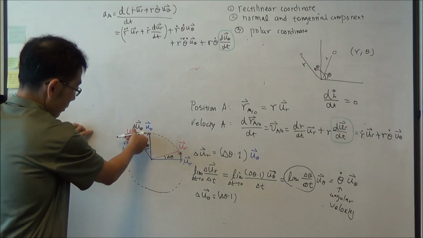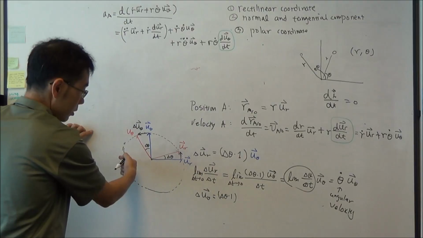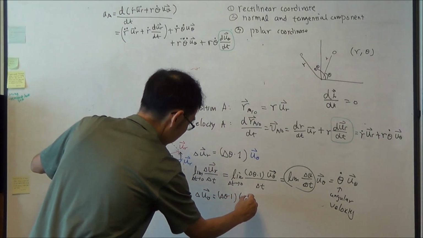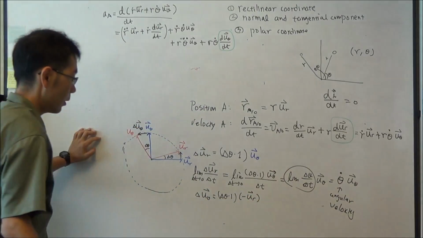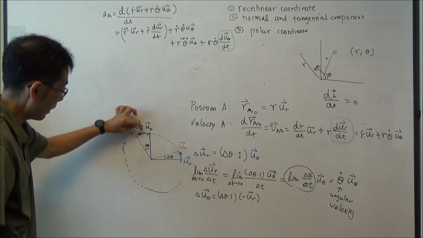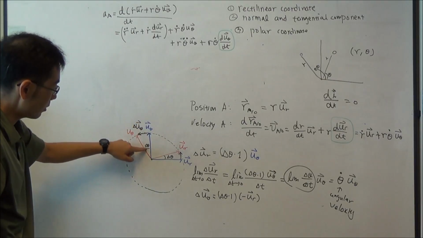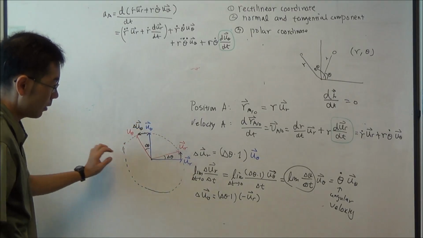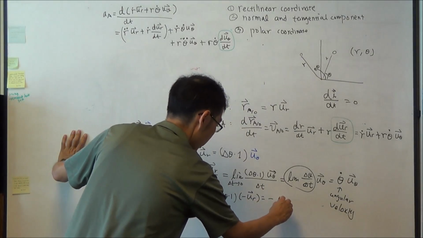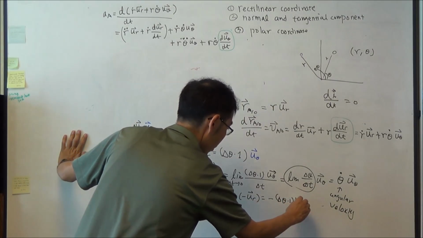The direction is the same line as UR, but opposite at this instant. So this is minus UR, right? So this direction is the opposite of UR, and the magnitude of this length is delta theta times 1. So I just write down here: this is minus delta theta times 1 UR.